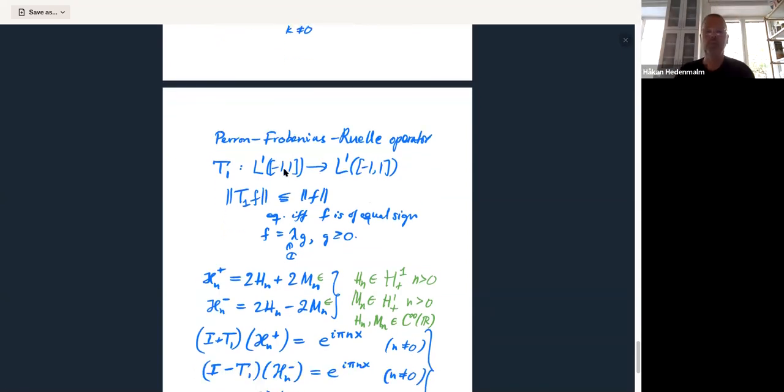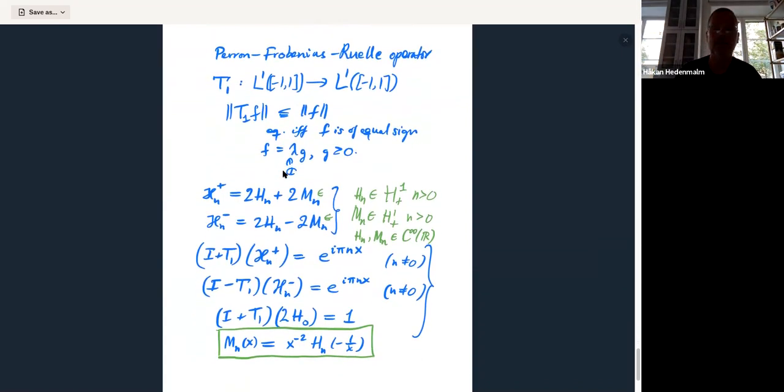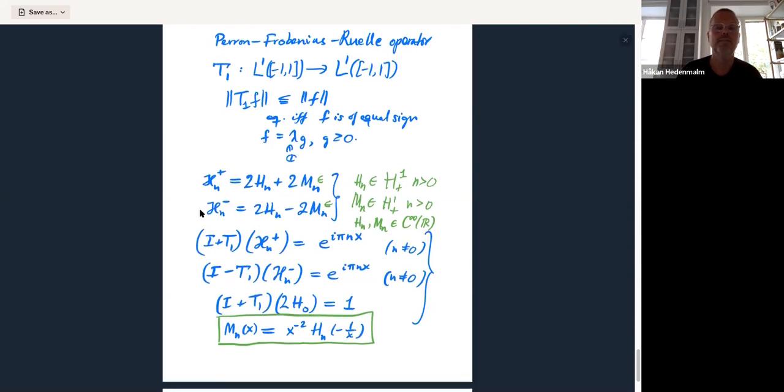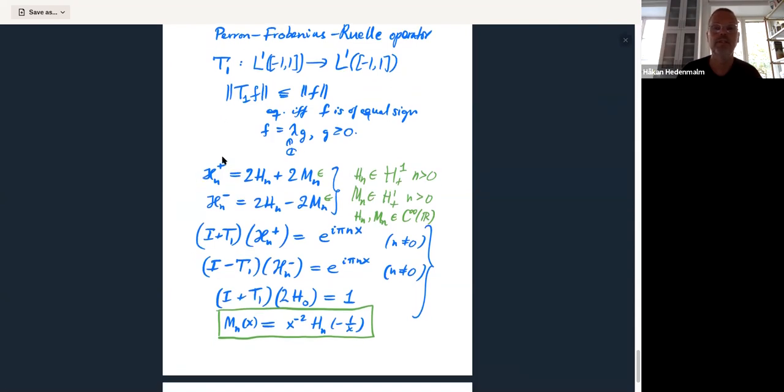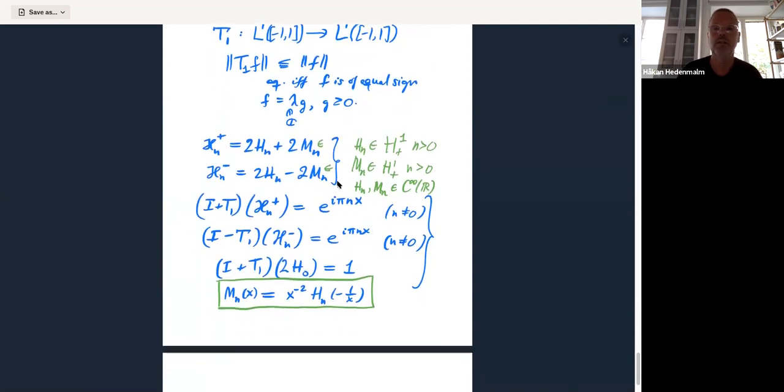Now, T1 is also associated with finding these dual elements, but it's not exactly the way we find them. We find them by appealing to a theory which is similar to the theory of automorphic forms. Maybe not exactly automorphic form theory, but quite close to it. And the relationship with this Perron-Frobenius operator is expressed in these two equations.